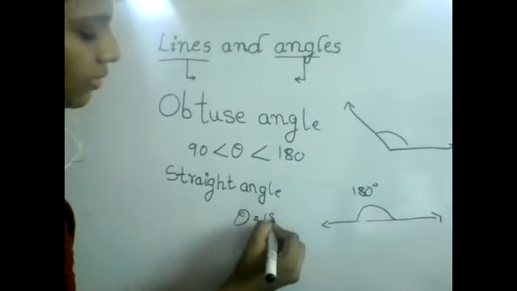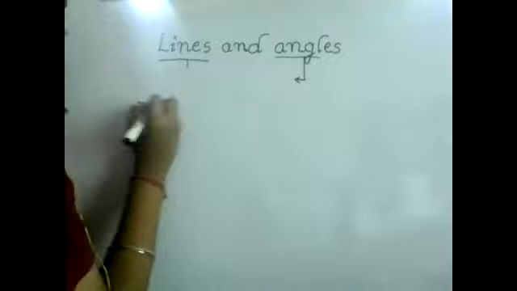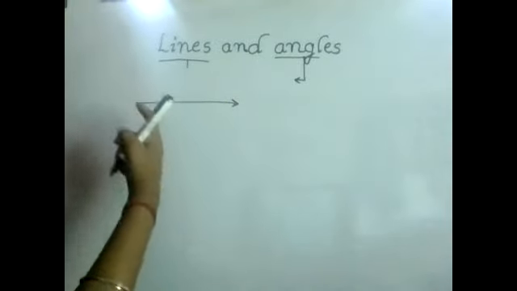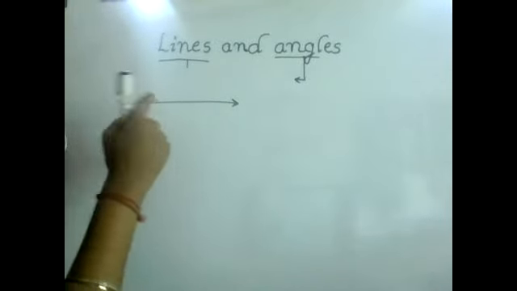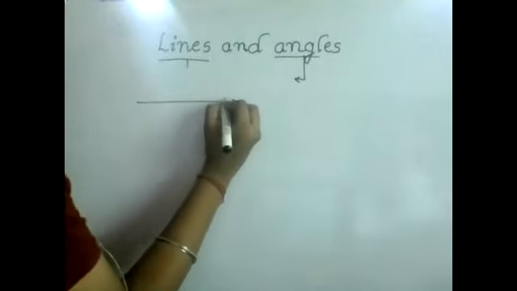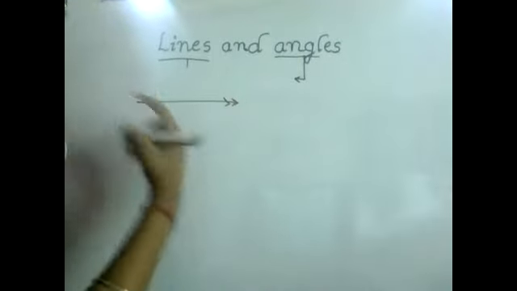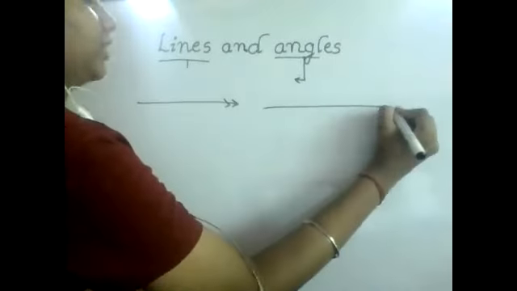Apart from this, there are two other angles. If the two rays are coincident, there are two cases: either it is a 0 angle or 180. How to differentiate?